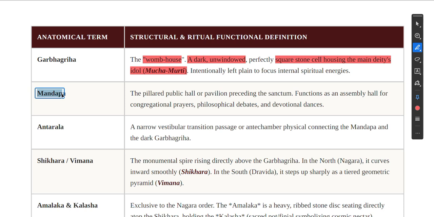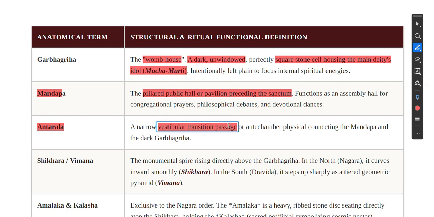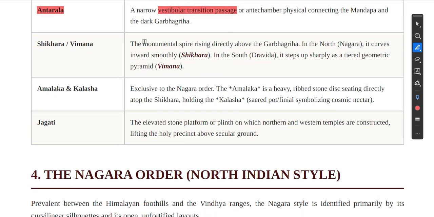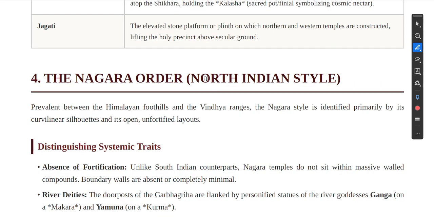Then Mandapa, the pillared public hall or pavilion preceding the sanctum. Then Antarala, a narrow vestibular passage. Shikhara, the monumental spire rising directly above the Garbhagriha. Then Amalaka and Kalasa, exclusive to the Nagara order. Then Jagati, the elevated stone platform on which the northern and western temples are constructed.